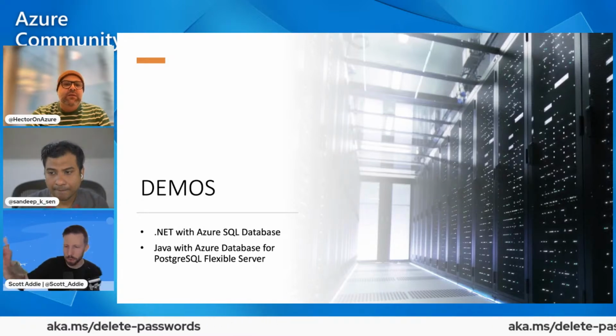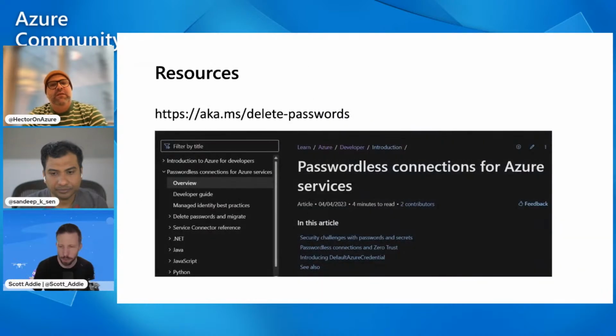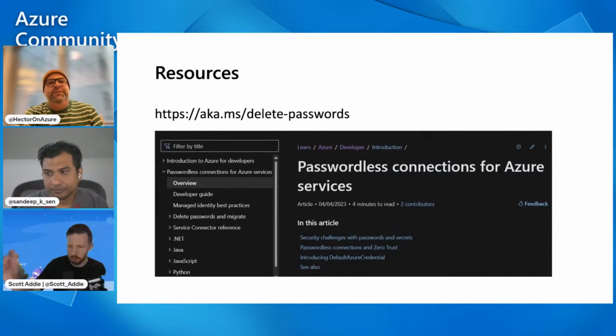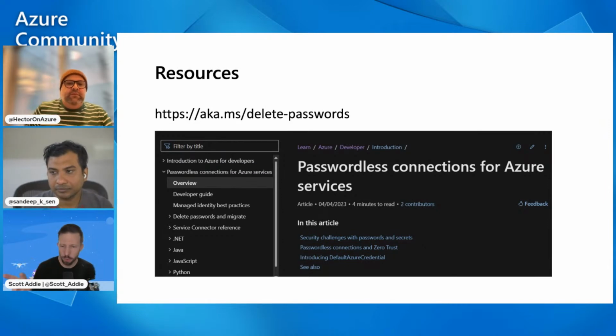If we could show the next slide, I want to talk a little bit more about that link that you were scrolling on the bottom. What you see here is a screenshot from that delete passwords page. We call this our passwordless hub. There are 2 major types of docs that you're going to find out here.